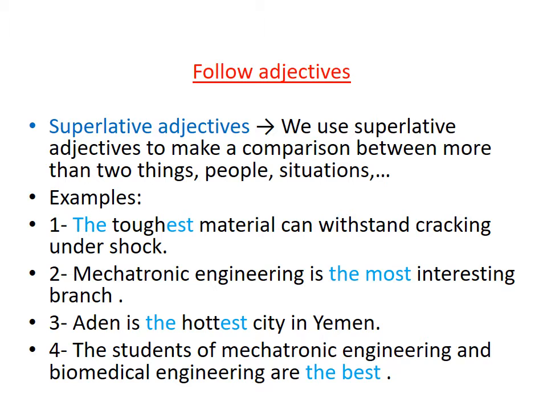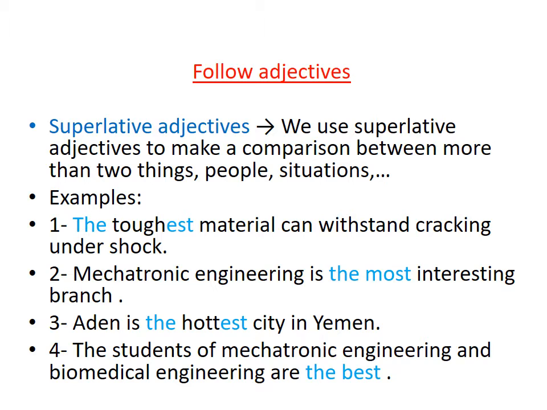We use superlative adjectives to make a comparison between more than two things, people, situations, whatever. So if I want to compare between more than two, we will use the superlative adjectives, not the comparative adjectives. Okay?